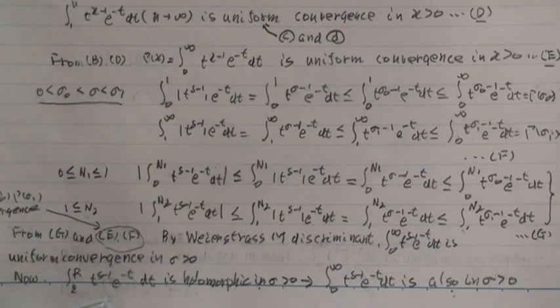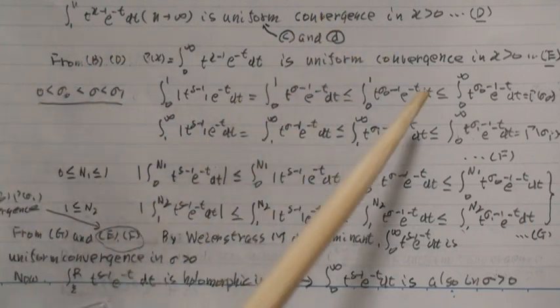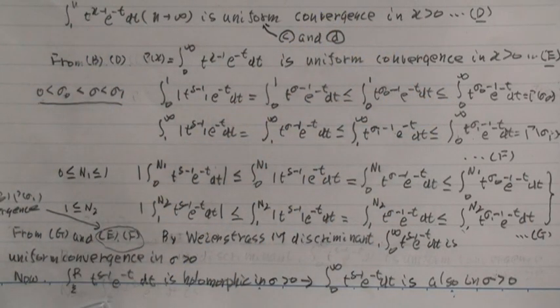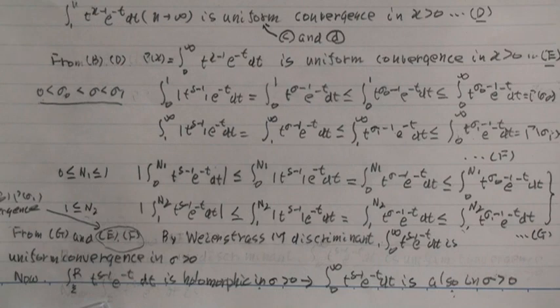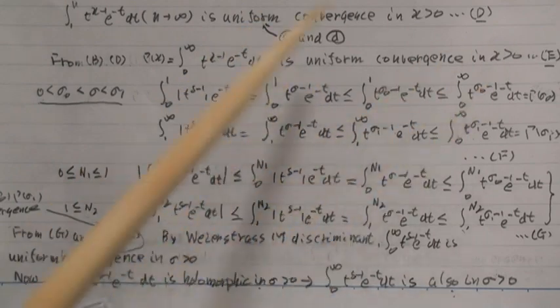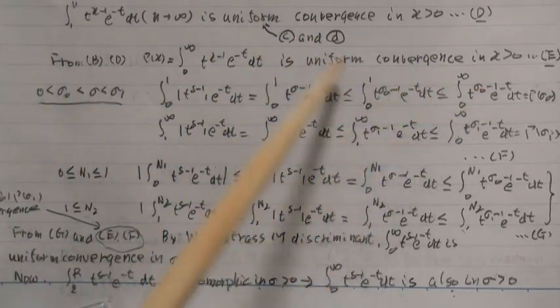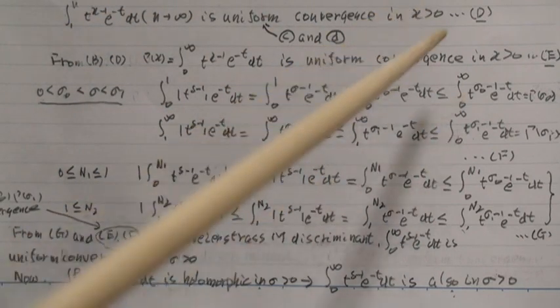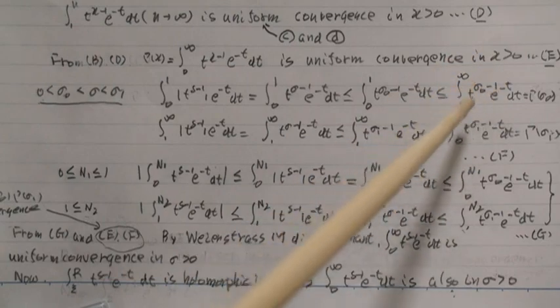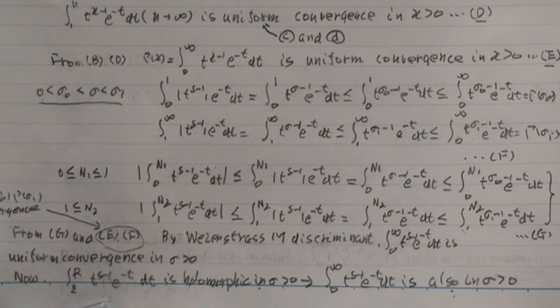This value is less than or equal to the integral from 0 to 1 of t^(σ₀−1) e^(−t) dt, since t^x is a decreasing function on this interval. Then this is less than or equal to the integral from 0 to infinity, and equals Γ(σ₀).